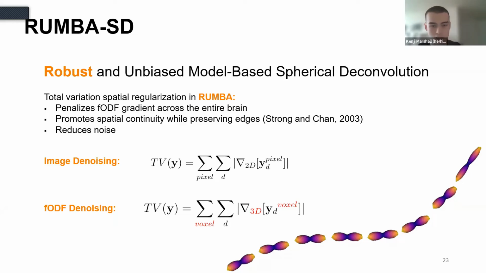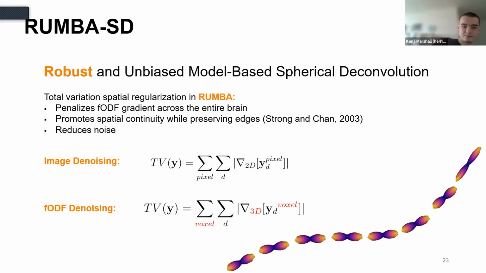Rather than summing over pixels, we would be summing over voxels to compute the total variation. The dimension D in this case are the dimensions of our FODF, so all those directions on the sphere in our dictionary, if you remember from the beginning. And because we're working in a brain volume, we're taking 3D gradients, not 2D gradients, but the principle is very similar.